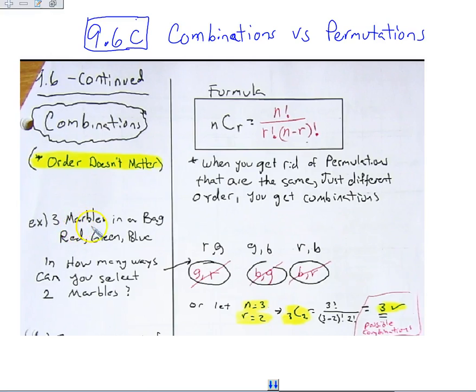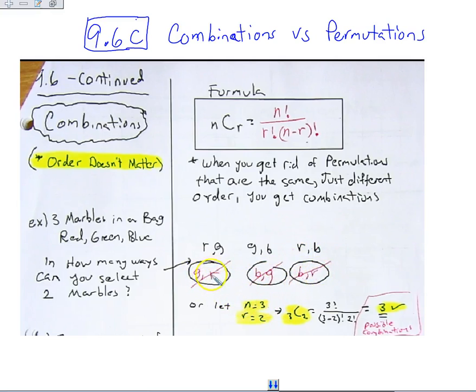Let's suppose that we have 3 marbles in the bag: red, green, and blue. And the question is, in how many ways can we select 2 of those marbles? Well, we can select first a red marble, followed by a green marble, or maybe a green marble followed by a blue marble, red or blue, green or red, blue or green, or first blue and then red.